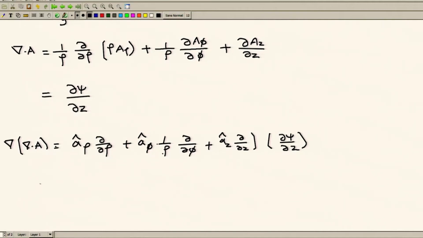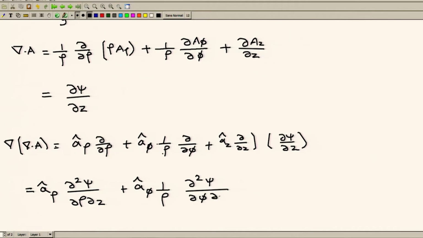So we will get A rho cap del square psi upon del rho del z, plus A phi cap 1 upon rho del square psi del phi del z, plus Az cap del square psi upon del z square.